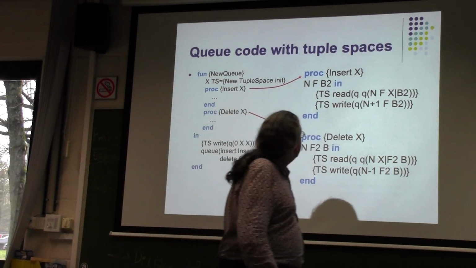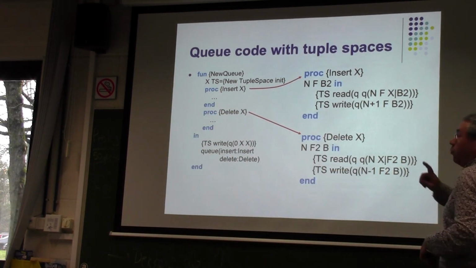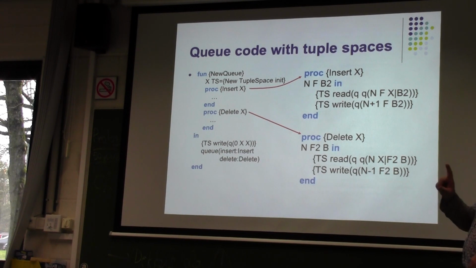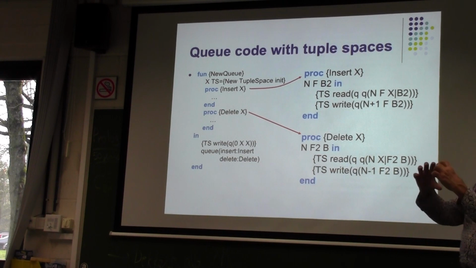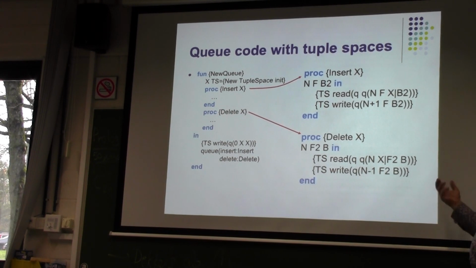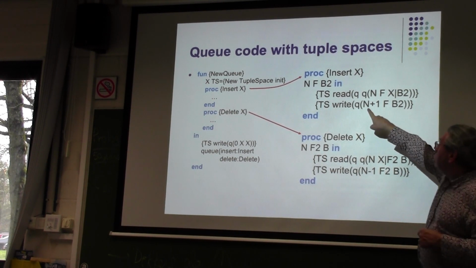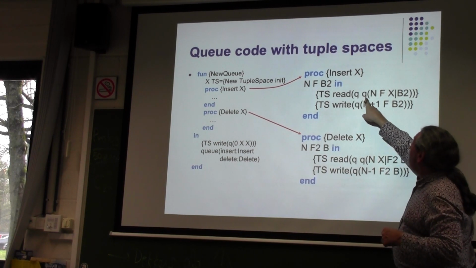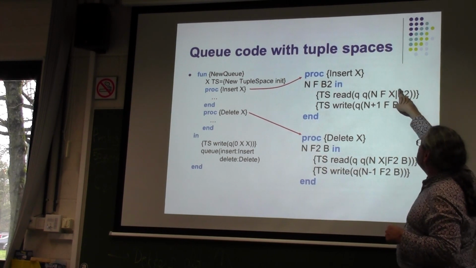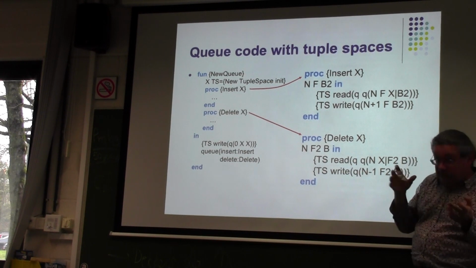Same queue as before, same interface, but you have one tuple in the tuple space. So this tuple space is not very big. It only has one tuple in there, okay? So that's okay. When I do an insert, I read the tuple, which basically contains the state of the queue.